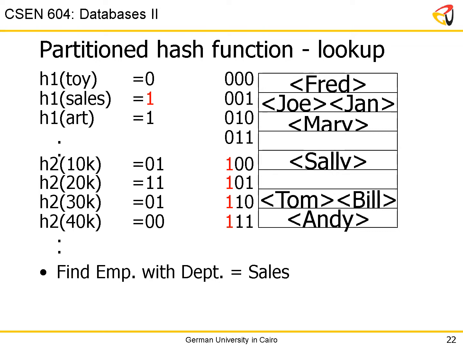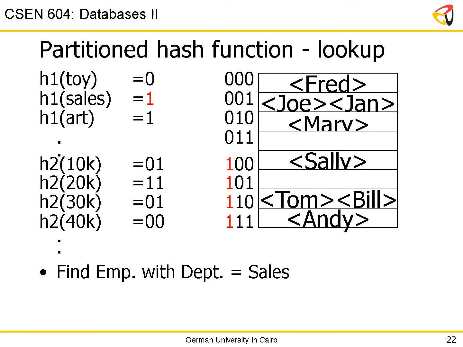But you have to load the rows for Sally, Tom, Bill, and Andy and look up whether the department is equal to sales or not. And if it's equal to sales, you include it in the result set. Why? Because if you look again up in hashing the departments, sales and art are both colliding and giving you 1 as an output of the hash function.